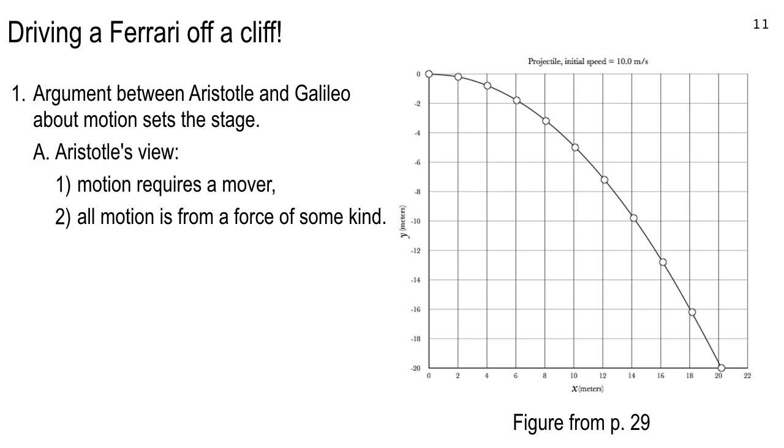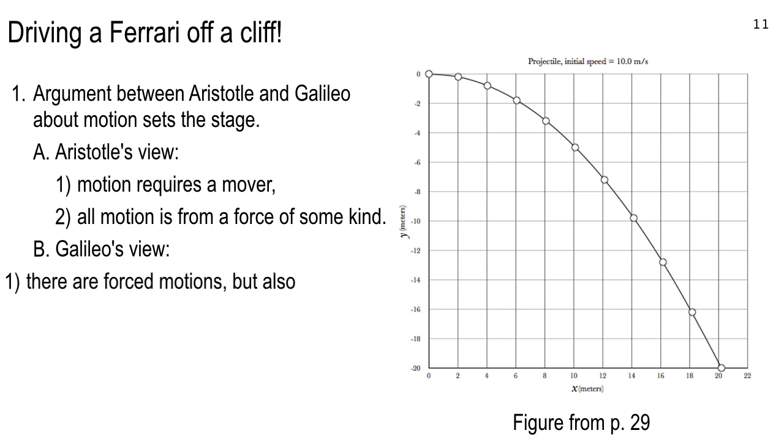And both Aristotle and Galileo agreed, there is a state of rest. Okay, obviously. Sitting on your couch eating donuts, you're in a state of rest. But if something is in motion, Aristotle said if it's in motion, it's got to be because something is pushing it or pulling it, some kind of a force.